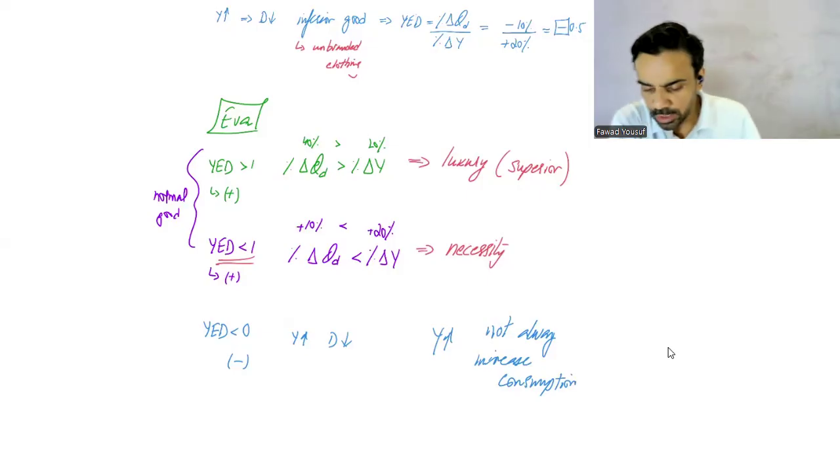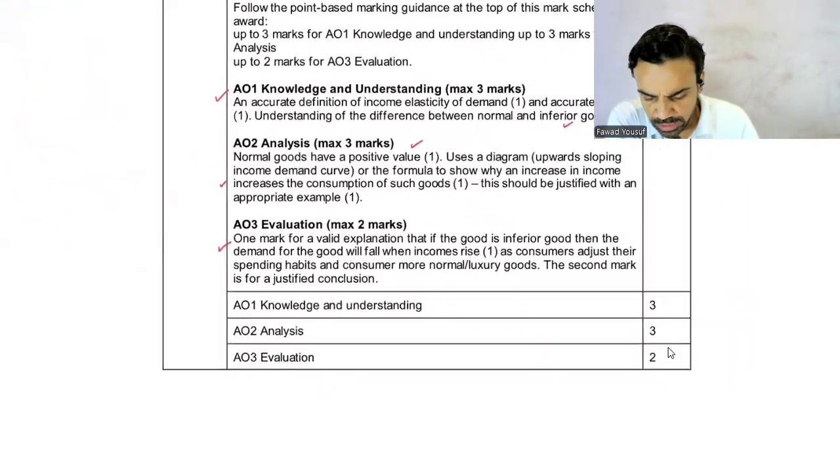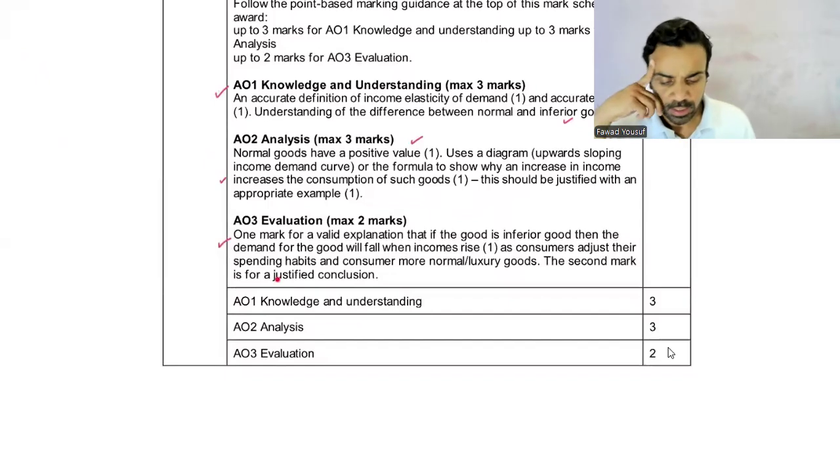मेरे ख्याल के अंदर, because the way I am reading the marking scheme, it's very vague. It is saying कि you have to talk about inferior good or demand will rise. ये तो तुमको easy 1 mark मिल जाएगा. I'm thinking about the second mark. As consumers adjust their spending habits and consumer consumes more normal luxury goods.